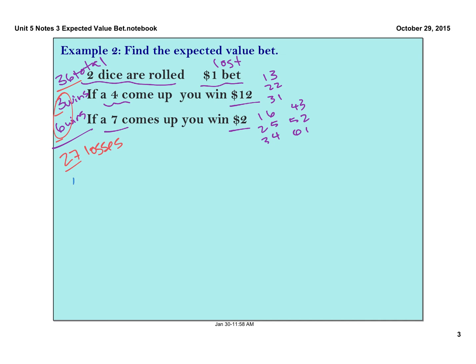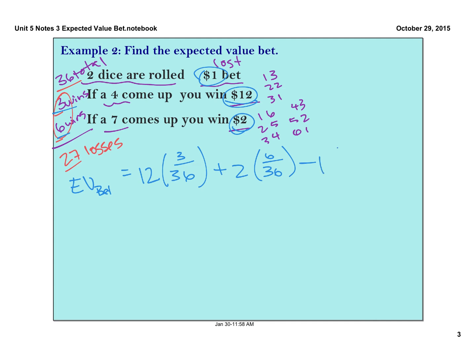My expected value for betting is going to be the payout, $12, times the probability of winning, which is 3 out of 36. I have the other payout, which is $2, times the probability of winning, which is 6 out of 36. And then minus the bet amount, $1 times the 27 losses, 27 out of 36.